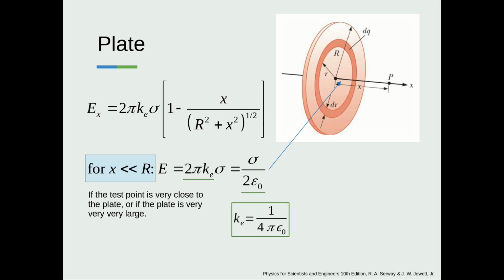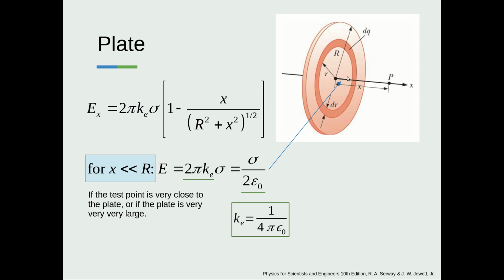So now, usually the important thing is, if we have a situation like x is much smaller than the capital R, this is the case when you are walking toward your plate and you are standing very close to it.